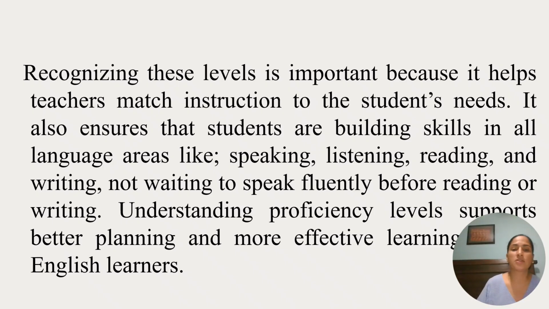It also ensures that students are building skills in all language areas like speaking, listening, reading, and writing, and knowing when to speak fluently before reading or writing. Understanding proficiency levels supports better planning and more effective learning for English learners.